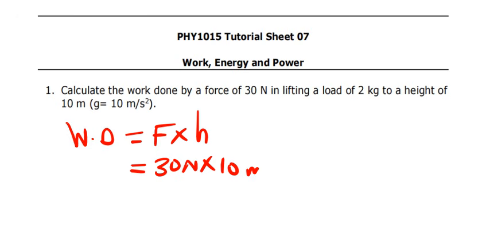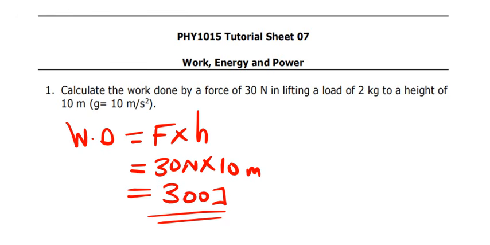Therefore what is going to be our answer? We're going to have 300 Newton meter. A Newton meter, we said, is a joule, so we're going to have 300 joules. Now this will be the work that will be done.